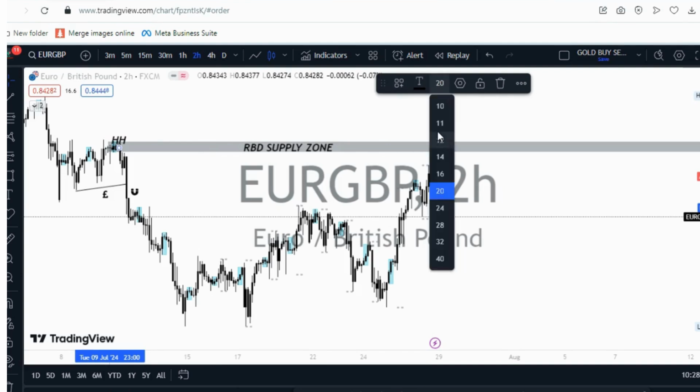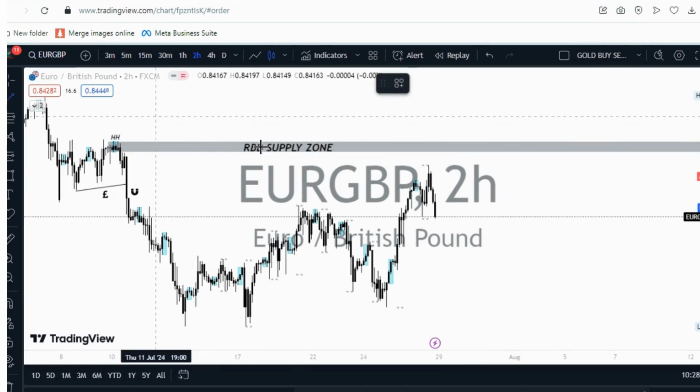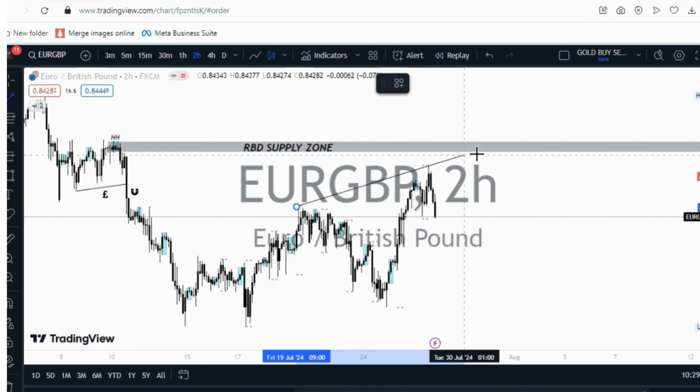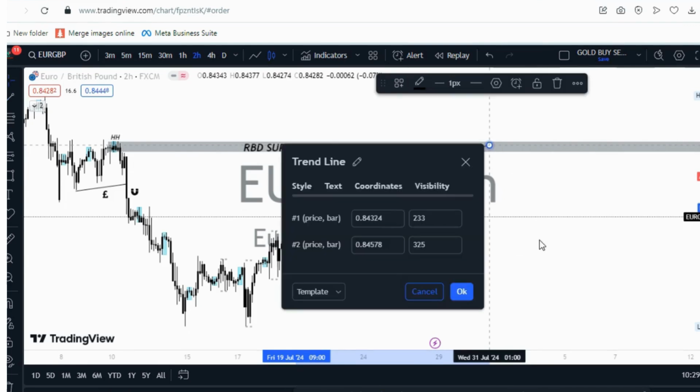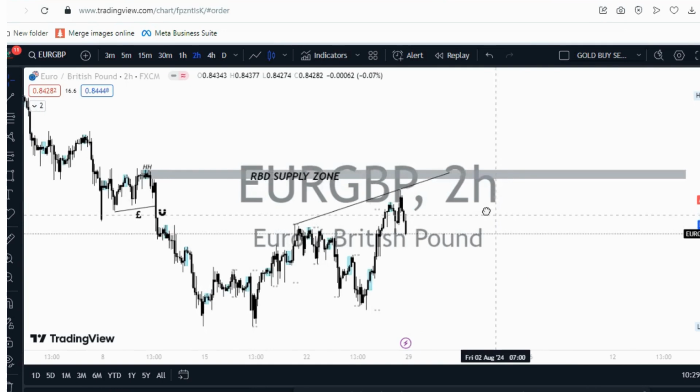And then what's next? Liquidity. So what can we see from here? There's not any level right here. So for me, this is what we call a trend line liquidity. Right, so we have one touch, we got a second touch, so our third touch would be there like that.